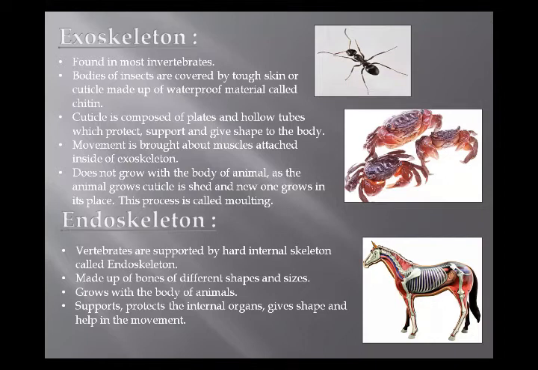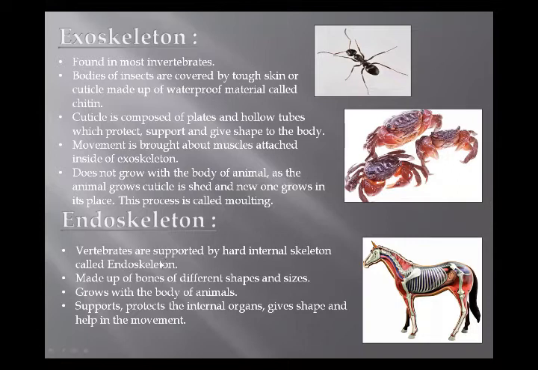Now, the endoskeleton. Endo means inside. The skeleton which is present inside the body is called endoskeleton. Mostly vertebrates have endoskeleton. And we all are vertebrates. It means we all have endoskeleton.